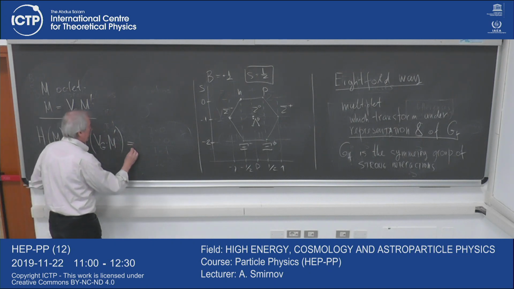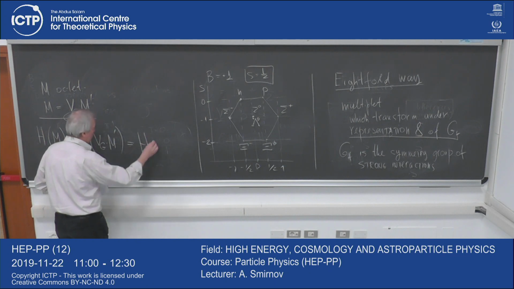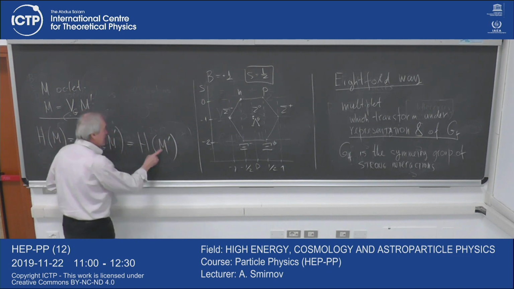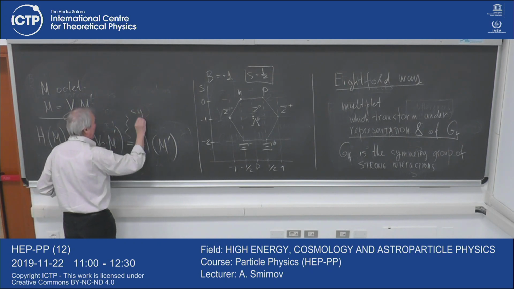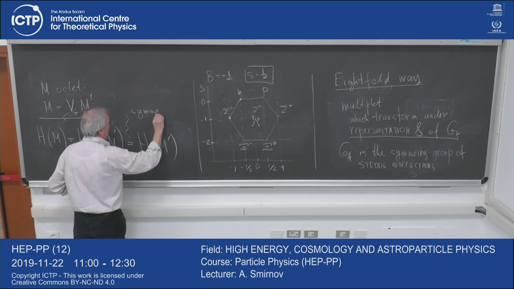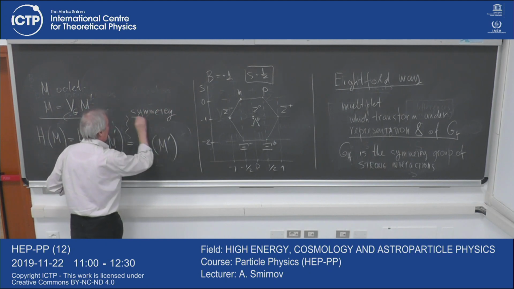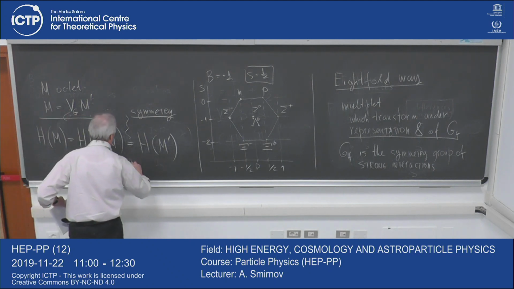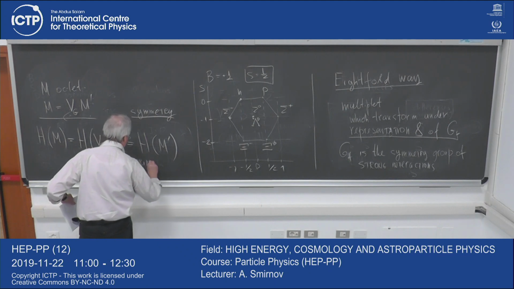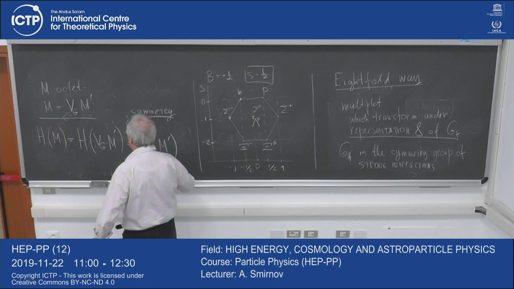If we show that this is reduced to the same form, but in terms of M prime, this means symmetry. Symmetry of the Hamiltonian with respect to transformations V_G. So then G is the symmetry of this Hamiltonian. We are saying that the Hamiltonian is invariant with respect to the V_G transformation.